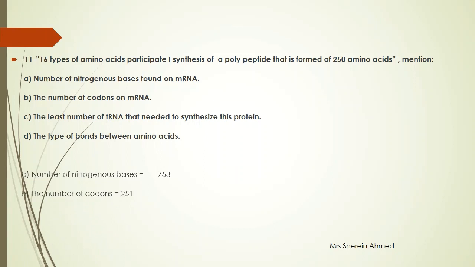Okay, the number of codons is 251, and the least number of tRNA which is needed is 16, as we have 16 types of amino acids. And the last one is the type of bonds between the amino acids. Of course, it's a peptide bond. Peptide bonds link the amino acids together.